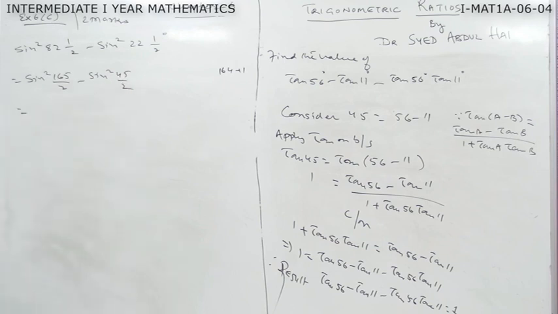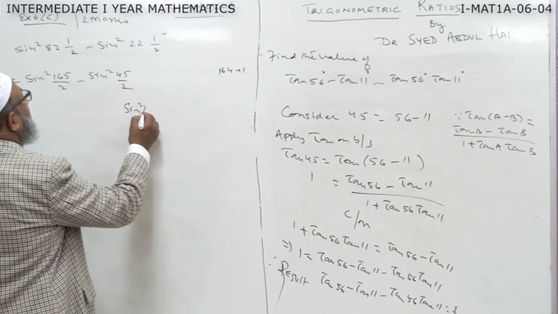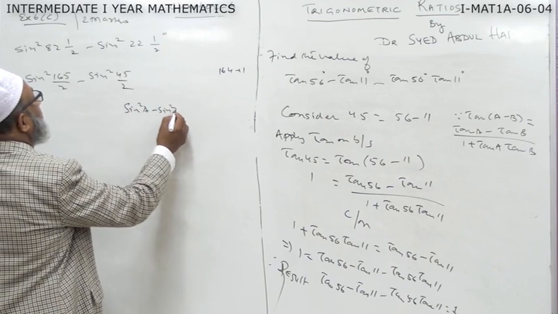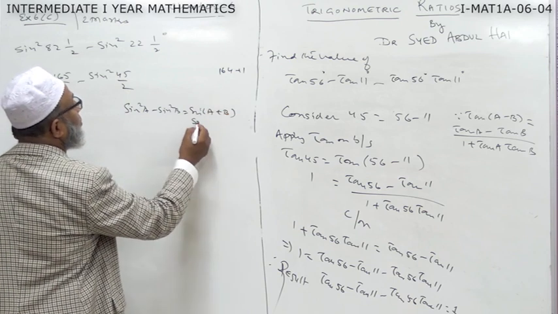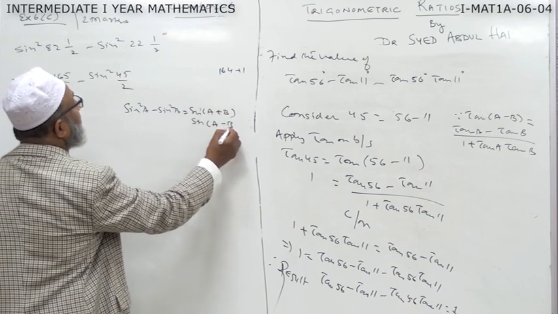It is in the form of sin square A minus sin square B. Sin square A minus sin square B is equal to sin of A plus B into sin of A minus B. Just now you got the formula.